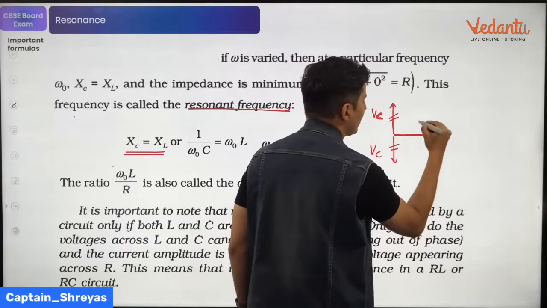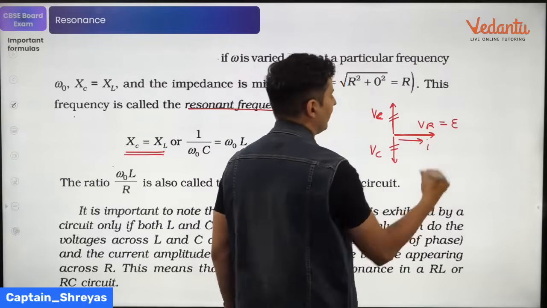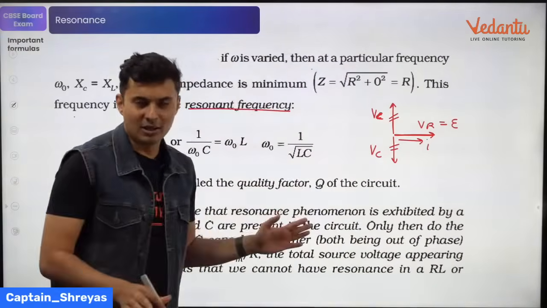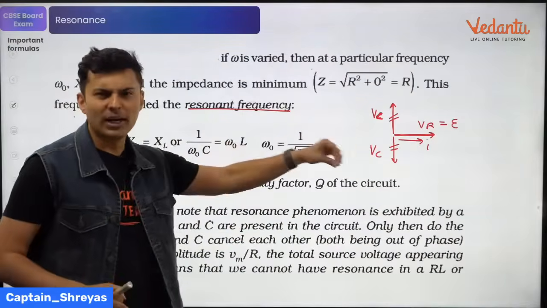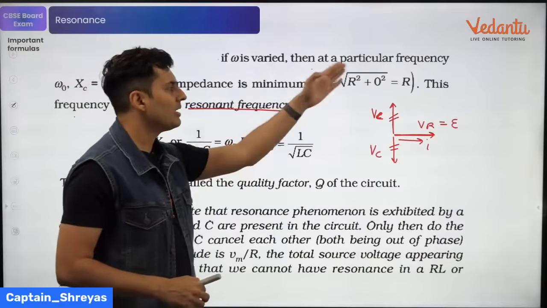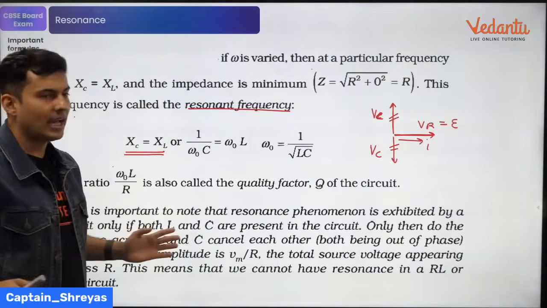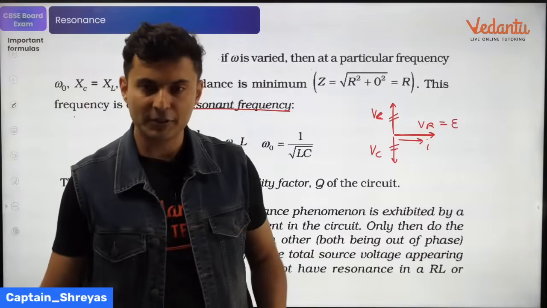So the net voltage is equal to the EMF in the direction of the current. Both these vectors cancel out each other. So that's when you get maximum current. It is said to be resonating, and the impedance will just become the resistance because XL and XC just cancel out each other. Keep this in mind.